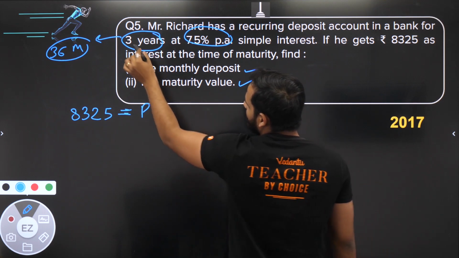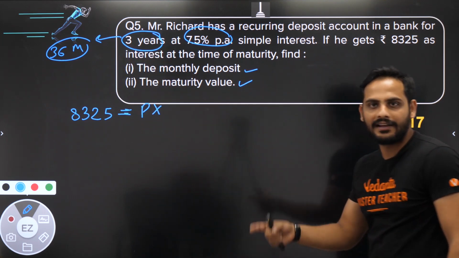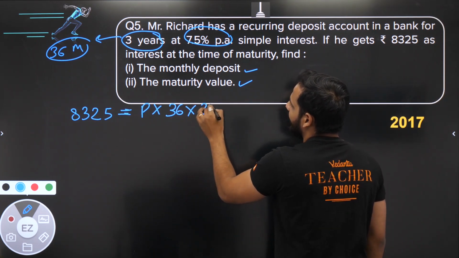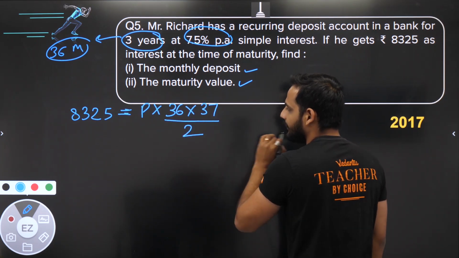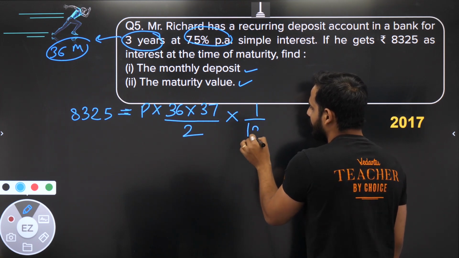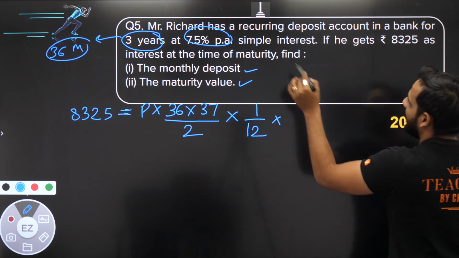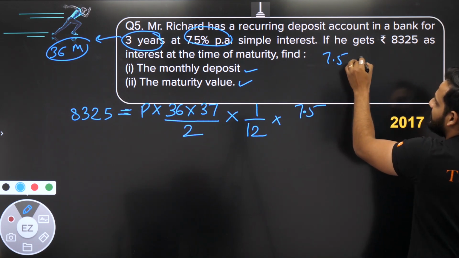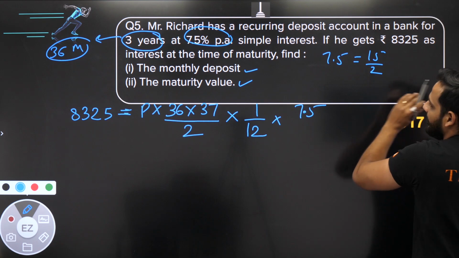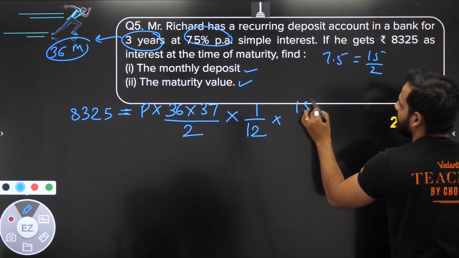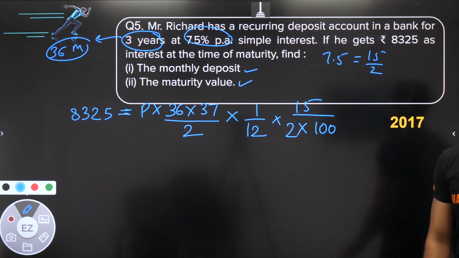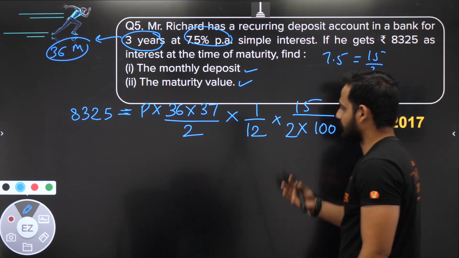Number of months is 36. n into (n plus 1) divided by 2, into 1 by 12, into r. R is 7.5, which I can write as 15 by 2. So let us write it as 15 by 2 into 100. Right? Easy.